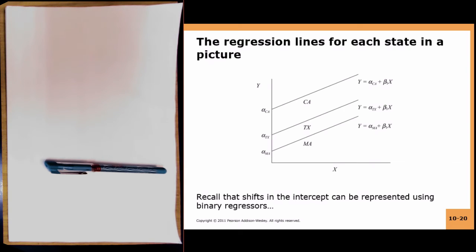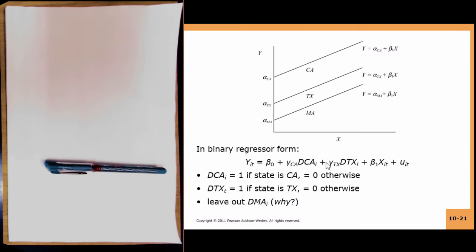Then we found that if you just included the dummy variable for gender, you might get 2 parallel lines, one for men and one for women. So these shifts in the intercept can also be represented. Either you can use this format where you specify a different intercept for each regression line, or you can do it using binary regressors.